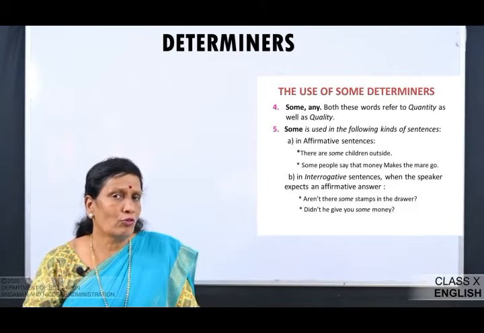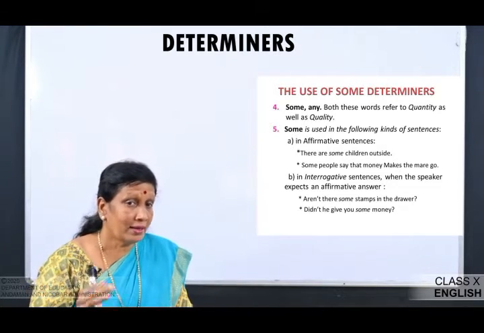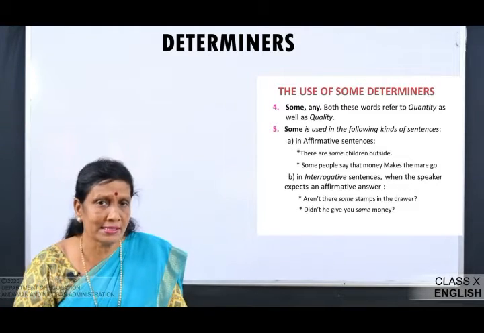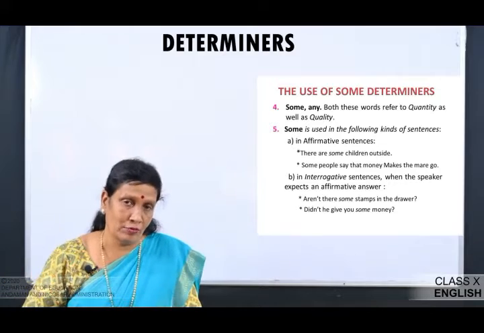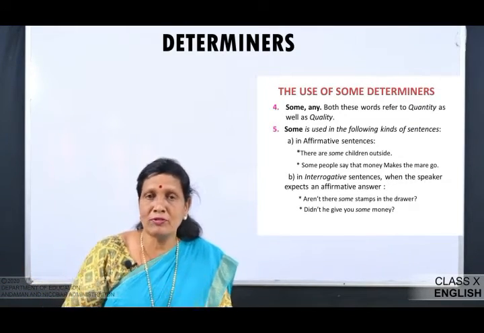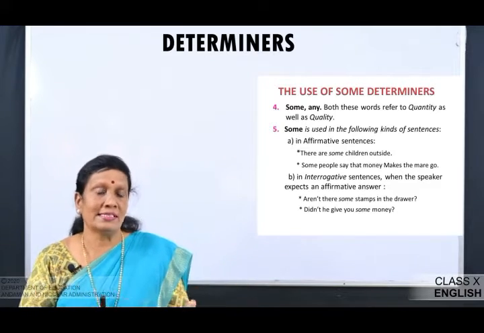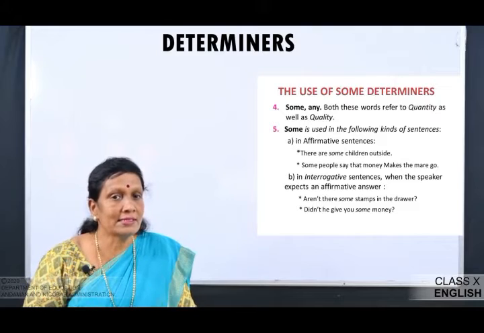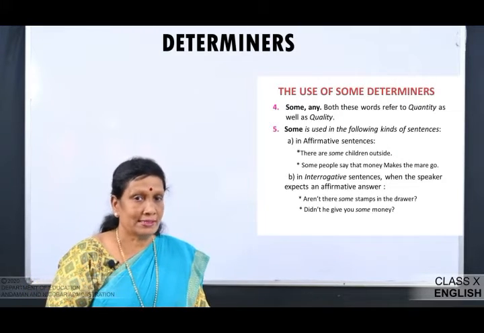Some is used in the following kinds of sentences: in affirmative sentences. Now, children, what are affirmative sentences? Sentences that are positive. We have already learnt about the different types of sentences: positive sentences and negative sentences. So, affirmative sentences means positive sentences.